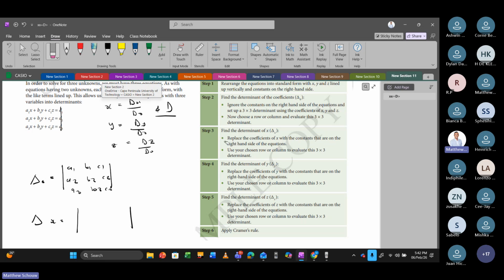With x, we're not eliminating x; for whatever variable you're dealing with, the constants go over there. So the constants were d1, d2, d3, and we're left with b1, b2, b3, c1, c2, c3. Wherever the x was, we put the constants.